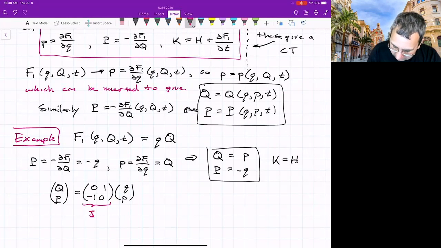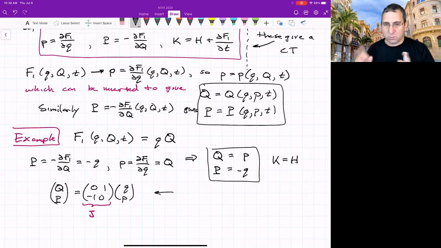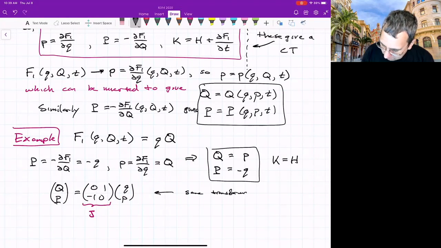This is the canonical symplectic matrix, and I think this is a transformation we showed before, where, even with that minus sign, it's rearranging what is a momentum and what is a coordinate, just showing that you can do that. So you've got to have that minus sign though, or it doesn't work out.